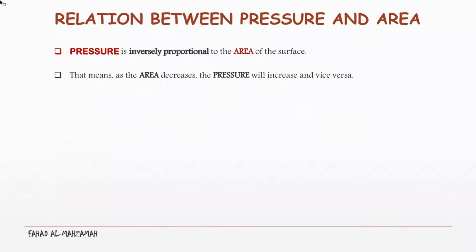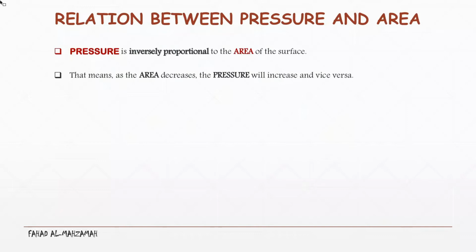Now, what's the relation between pressure and area? In the previous example for the hammer and nail, you chose the side so that the hammer will apply the force on the flat side, which in turn the sharp side will be pointed to the wall. So why did you choose the sharp side to be stuck in the wall?